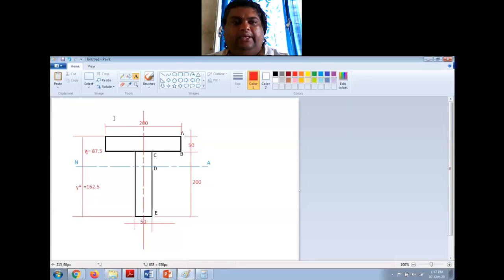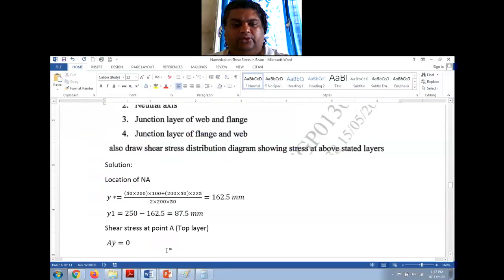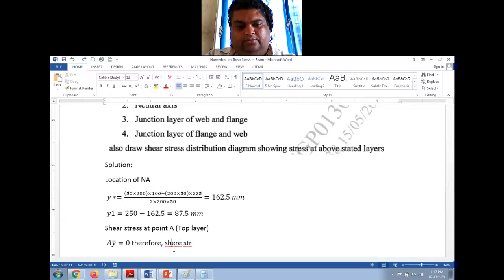Now above this layer there is nothing, right? So A y bar will become 0. Therefore shear stress here is 0.